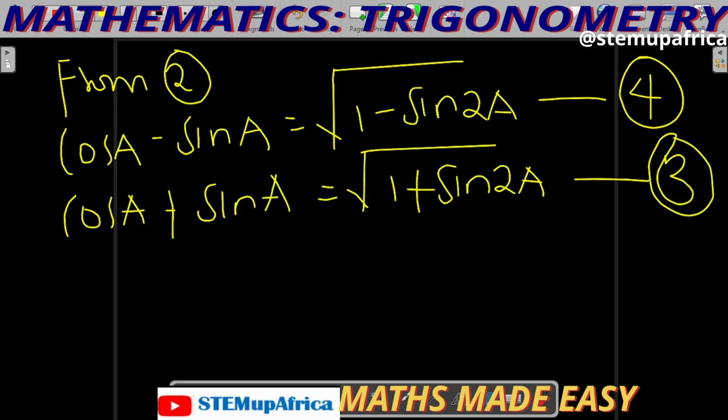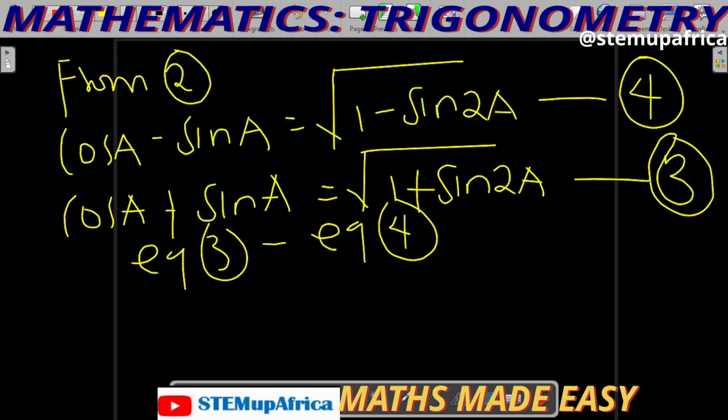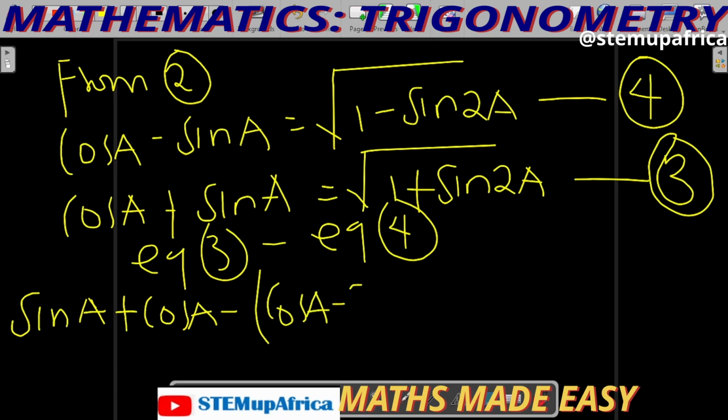To do so, I will subtract equation 4 from 3. That means we're having equation 3 minus equation 4. So let's do that. I'm going to have sine A plus cos A, which is equation 3, minus equation 4, cos A minus sine A, for the left hand side. Let's also do the same thing to the right hand side.